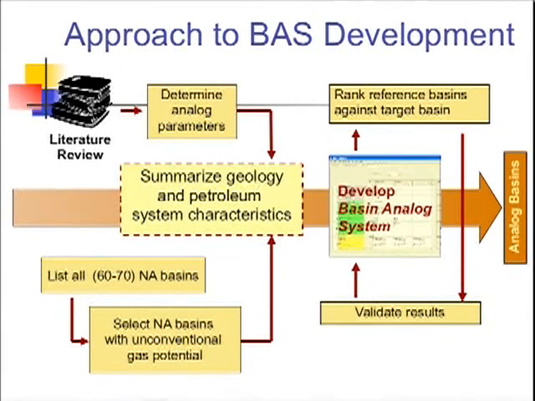There are maybe 30 to 31 of those. And for these important basins, we have developed summaries of the geological and petroleum system characterizations. Those parameters that, on the basis of expert opinion, appear to be important in determining analogies between different basins. And using this approach, we've developed the basin analog system.